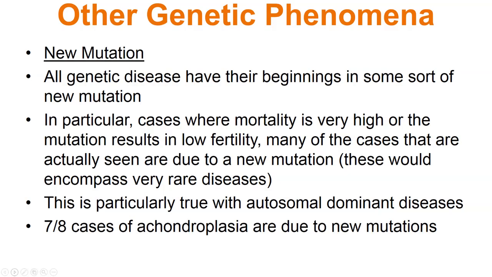So that is something you can see. Another thing that could complicate pedigrees is a new mutation. Every pedigree starts somewhere with a new mutation, right? And you have to realize that. Now, you can't successfully defend an incorrect answer on an exam by saying that every single affected individual in the pedigree could have been a new mutation.